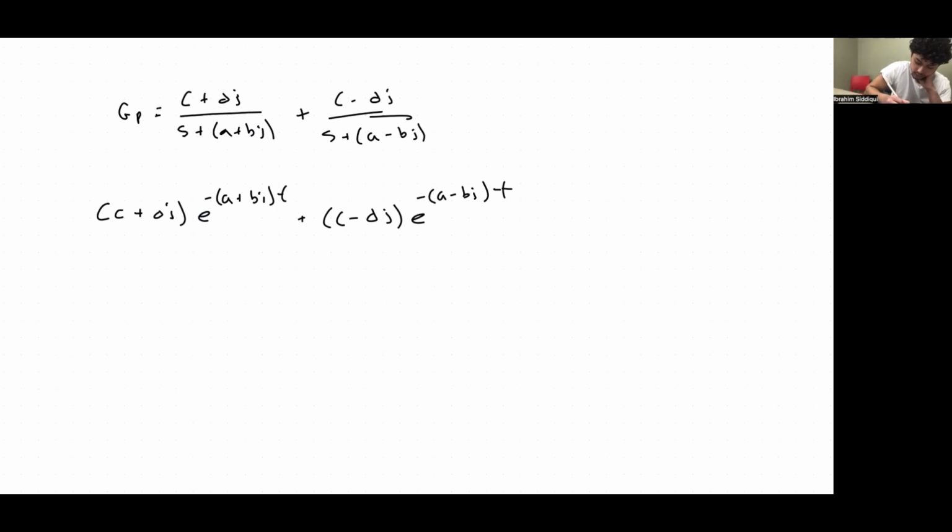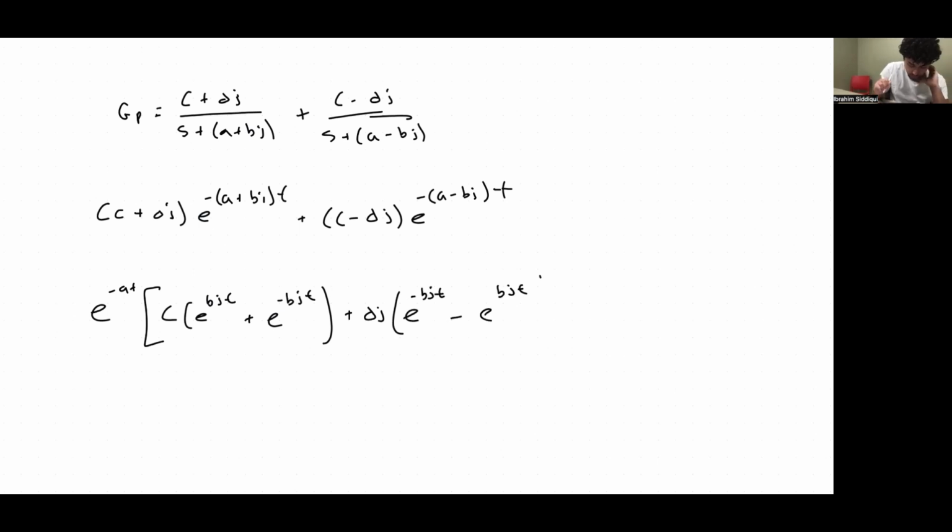Doing this, we get e negative at, and then put some brackets here. We get C times e to the BJT plus e to the negative BJT, plus DJ times e to the negative BJT minus e to the BJT.